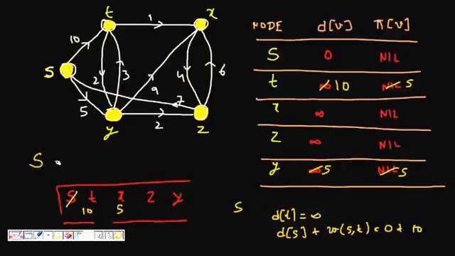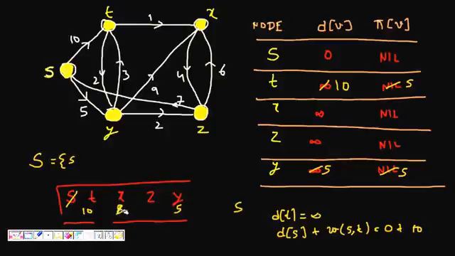So the set S consists of s, the source, and then the minimum is, not x, but y, so it is 5.